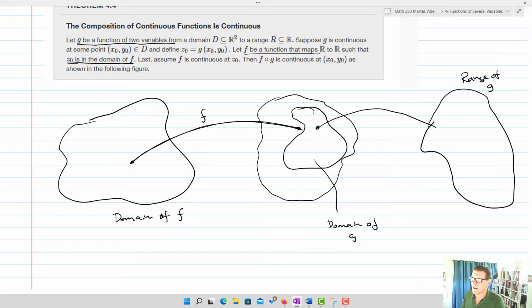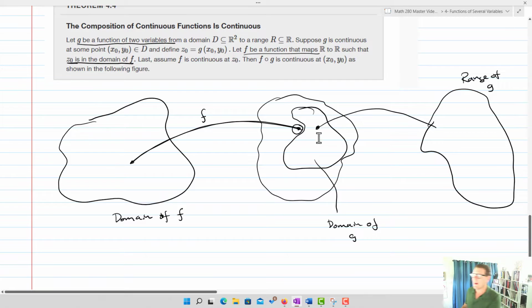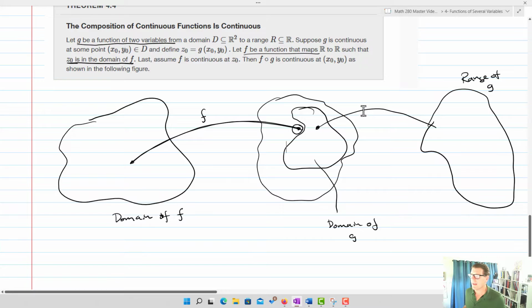If not, you're going to have a mapping from the domain of f into the range of f, but if it's not in the domain of g, it ends up being undefined. That messes with continuity and all sorts of other things when we start dealing with multivariable functions that possibly have different domains.